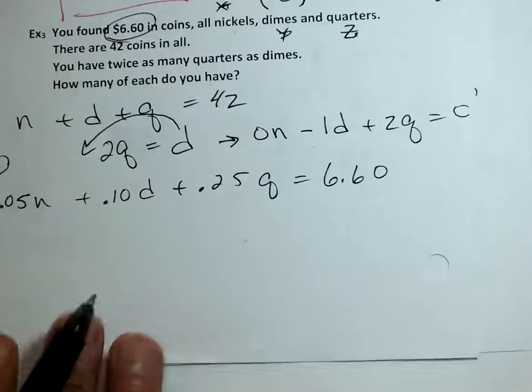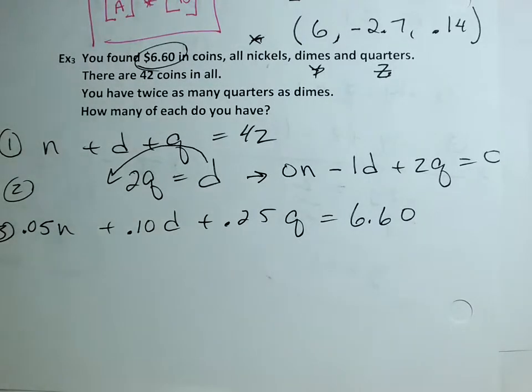And I'll show you what I did. I need things lined up. So N's, see the N's? There's nothing here, right? So I have a 0n. Brought over the dime, so I just subtract it, so I got a negative 1d. And then I've got my 2q, but if I bring over the dimes, what's left over here? Nothing, right? 0.